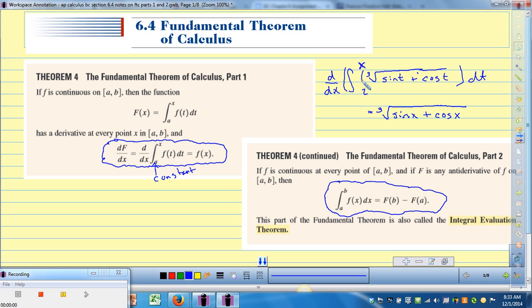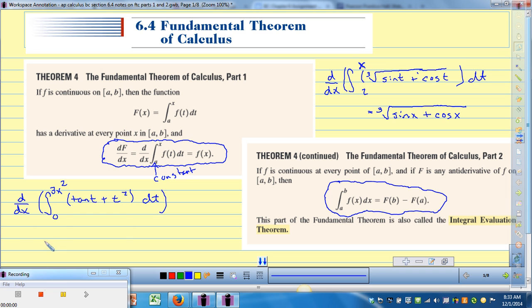Okay? And then what happened when, instead of x, we had a function of x: the derivative with respect to x of the integral from 0 to 3x squared of tangent t plus t squared. So what happens now?